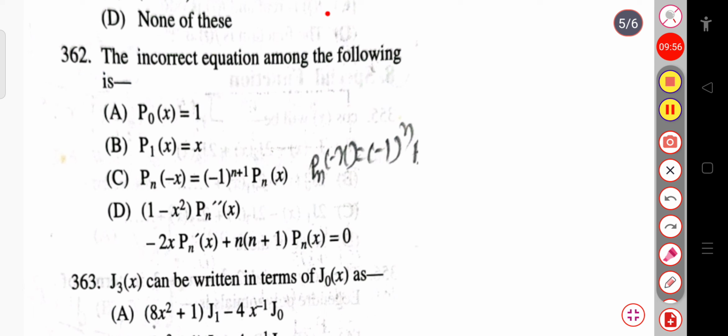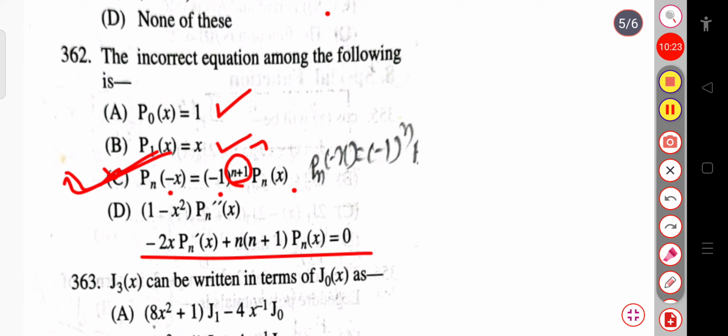So you have to check which option is incorrect. First, P naught of x is 1, so this is correct. P1 of x is x, so this is correct. Pn of minus x is given as minus 1 power n plus 1, but here it will be minus 1 power n Pn of x, so this is incorrect. And this is the Legendre equation, so this is our answer.